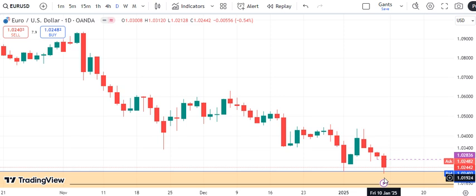Typically, non-farm payroll is like the Judas swing. So I was expecting a significant decline into this FVG so that we can have it as the bearish Judas swing for the month of January and then rally higher. But that didn't really happen.